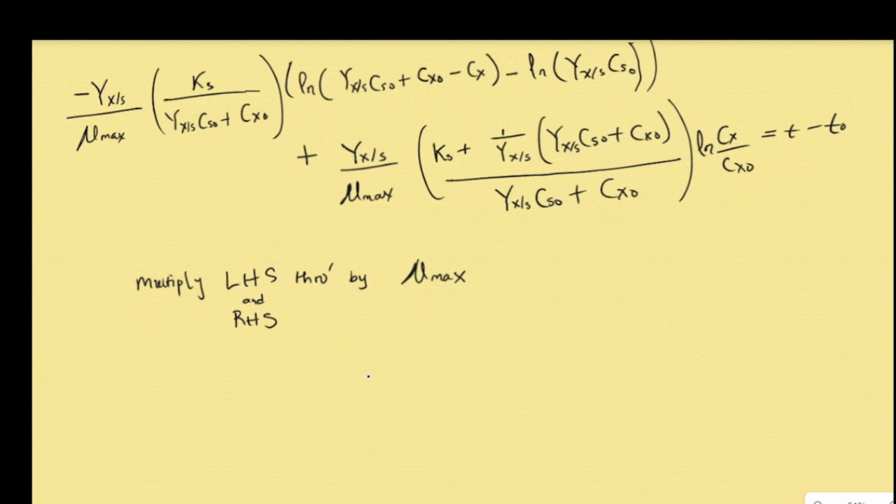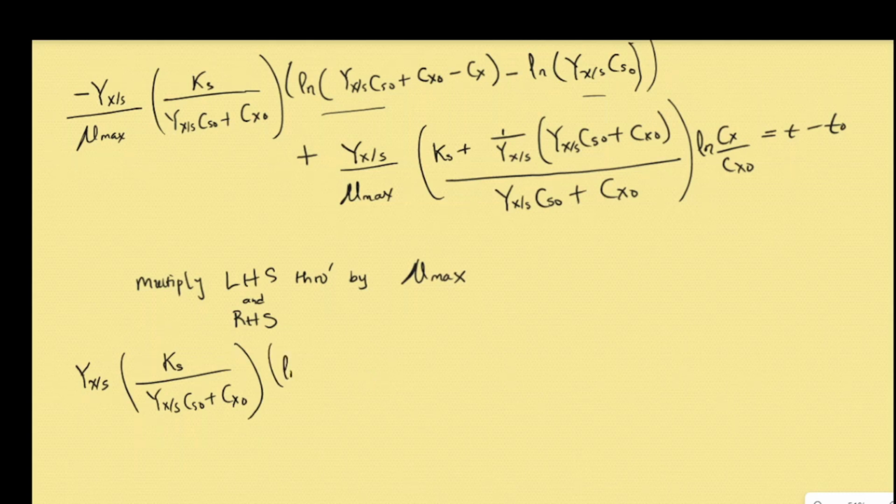So in as much as we are doing that multiplication, we're also going to be doing some little simplification. Now this minus sign, I'm going to apply it inside this particular bracket, and this minus sign can reverse the position of this term and this term. So watch how we are going to do that carefully. We will have Yx/s, then you have Ks over Yx/s Cs naught plus Cx naught, like this. Then remember, mu max is gone because we've multiplied through. Now that minus sign is going to come inside this particular logarithmic bracket.